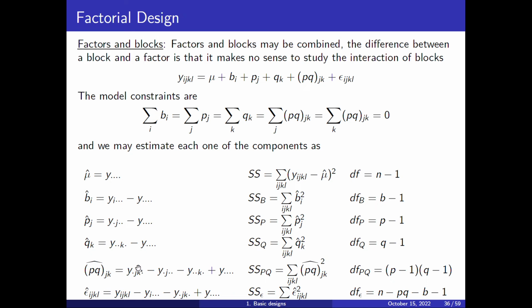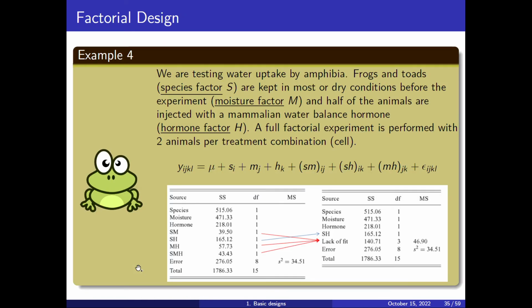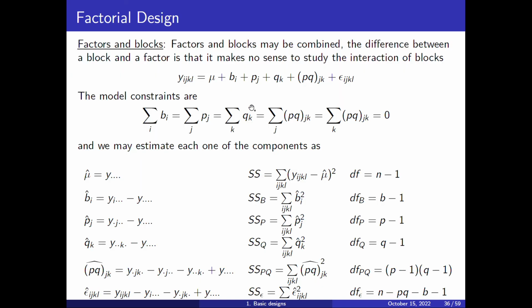So for instance, if we are analyzing the interaction between species and hormone, what is the mean of frogs that have received the hormone minus whatever we have explained, and whatever we have explained is this part. So we have explained the overall mean plus the block and the contribution of the main effects. What we are trying to get is this one. So we can put it in a bit more complicated way, but anyway, it is easy.